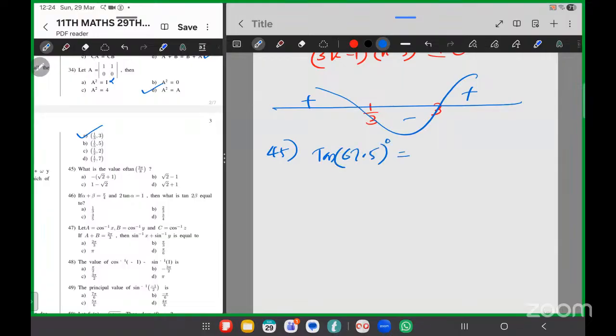Tan 67.5 is the same as cot 22.5. What is the value of cot 22.5?